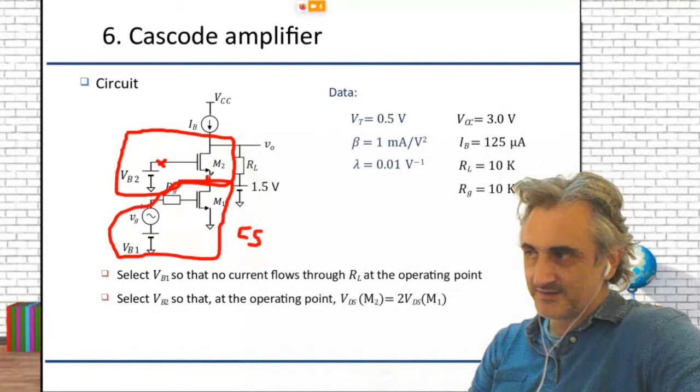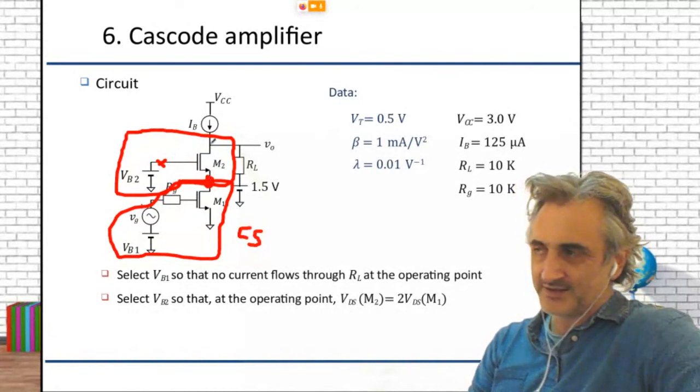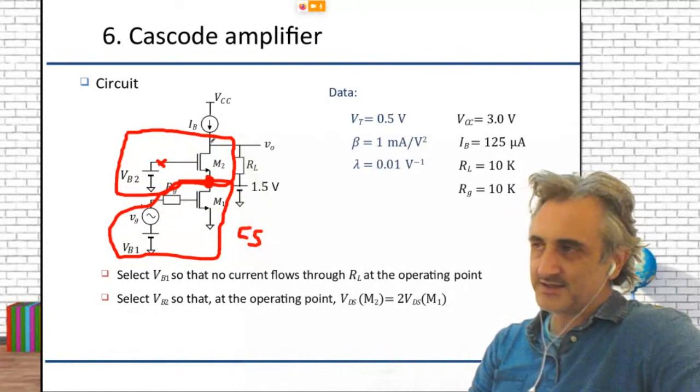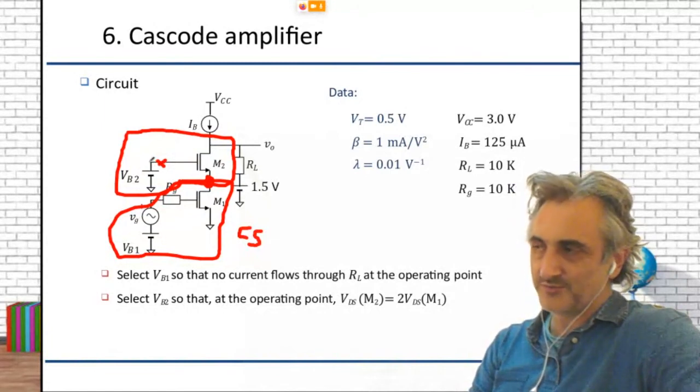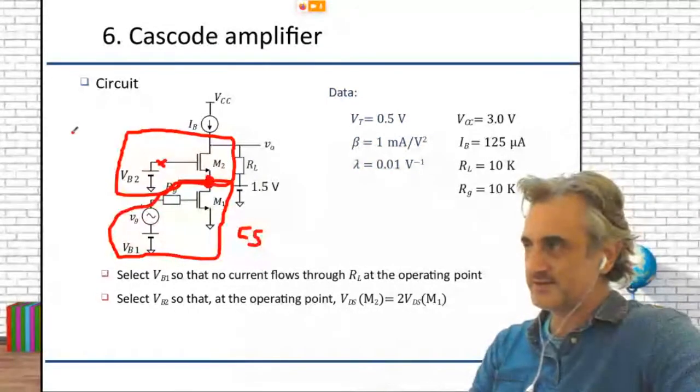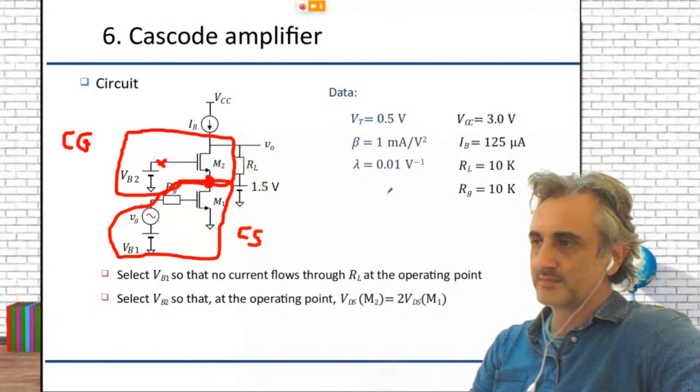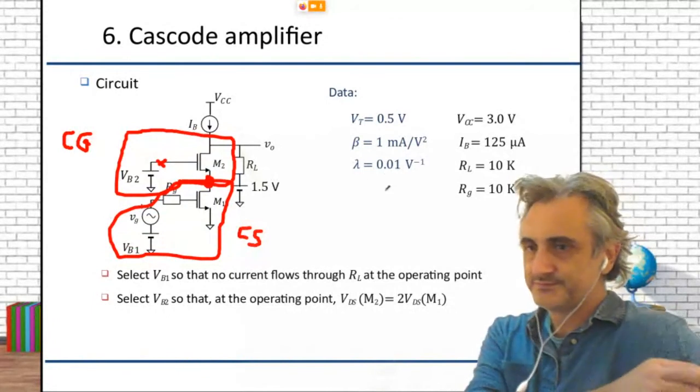The signal enters through the source, and our output signal is at the drain. So the gate is used only for bias. So this part here is a common gate.